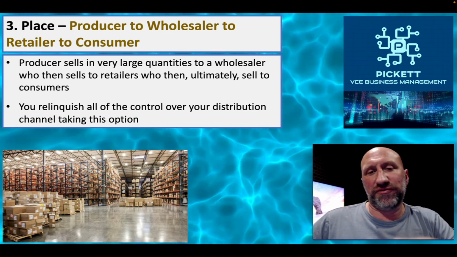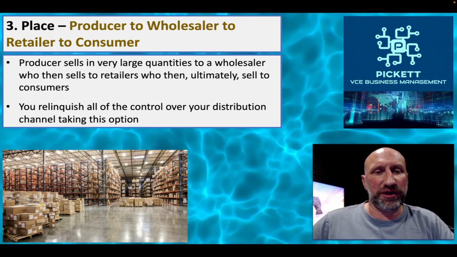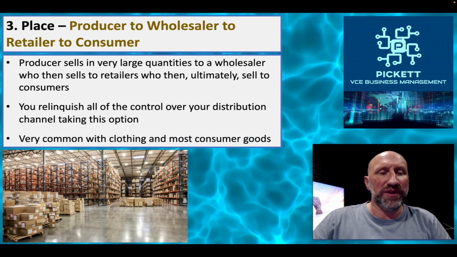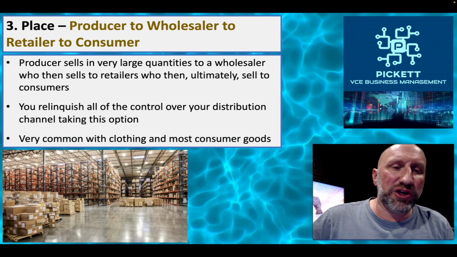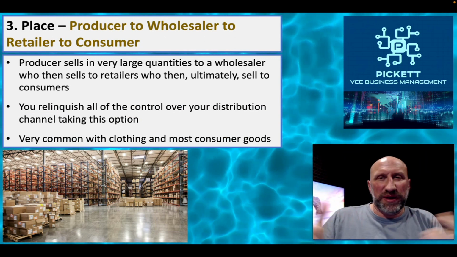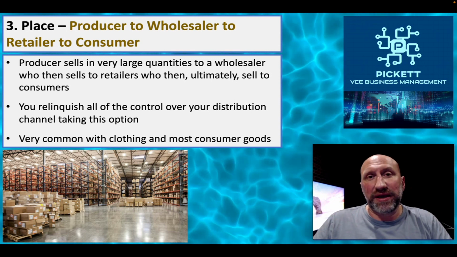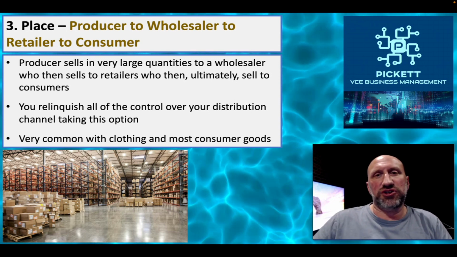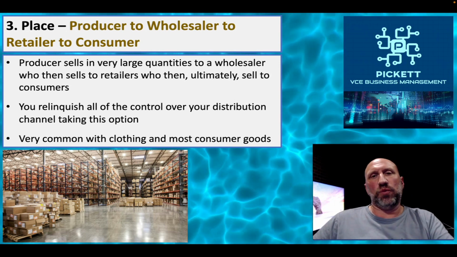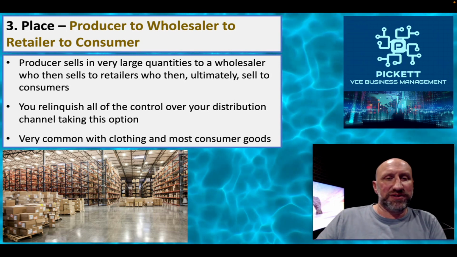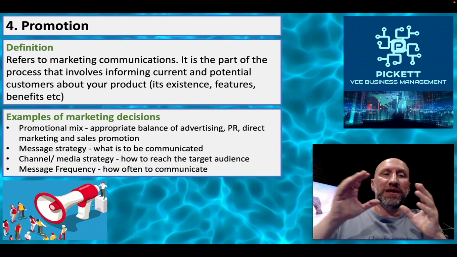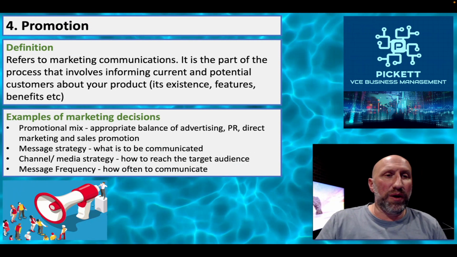Now you're relinquishing all of the control of your distribution channel because other businesses are involved and they're taking care of all of that. Most common with consumer goods, clothing. In other words, consumer goods, basically stuff that we buy which doesn't have this short shelf life. This is the way that most of the stuff that we buy gets to us, via this kind of chain. Okay. That's all you need to know with that one.